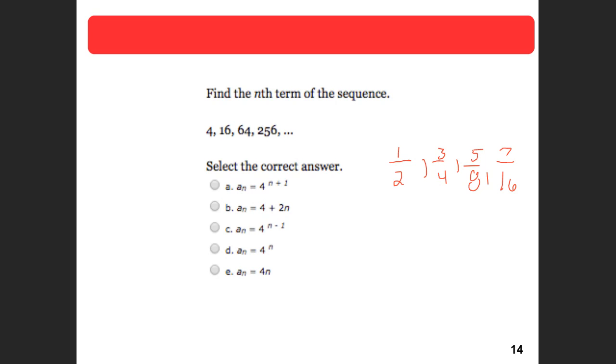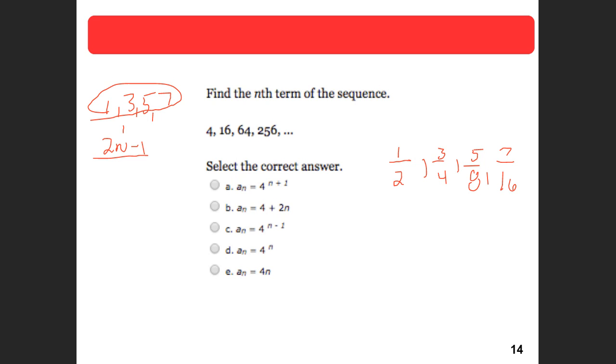My suggestion is you don't look at the fractions. You look at the top and you look at the bottom. So the top, I have 1, 3, 5, 7. Oh, so it's always going up by 2. So how about 2n minus 1? Is that okay for that top function? Because if I put 1 in here, 2 times 1 is 2 minus 1, that gives me my first term. If I put 2 in here, 2 times 2 is 4 minus 1 is 3.